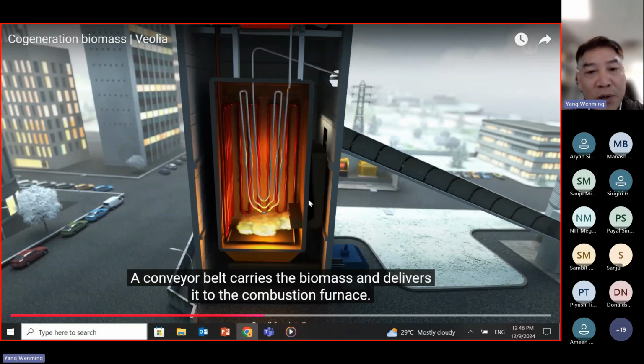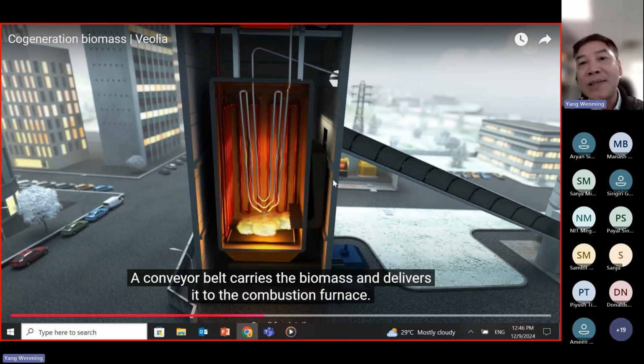So here I want to introduce more steps. We can see this one is the furnace. The furnace wall consists of water pipes, and water will flow through the water pipes. By this design, we can absorb as much heat energy as possible, correct?